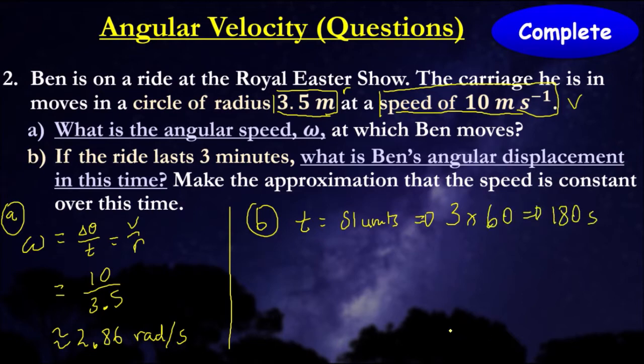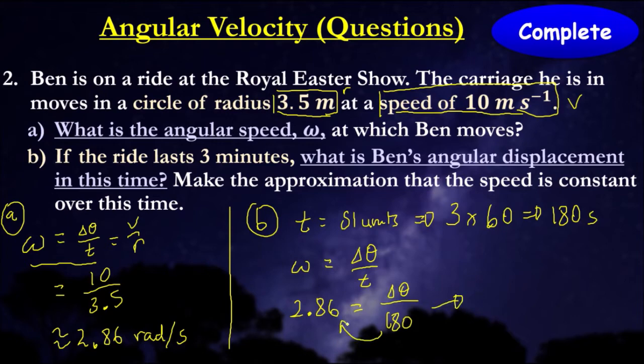Okay. Now we can use this formula over here. So it's omega equals angular displacement over time. We already found the value of omega. It's 2.86 equals delta theta over the time traveled, which is 180. And we want to find delta theta.